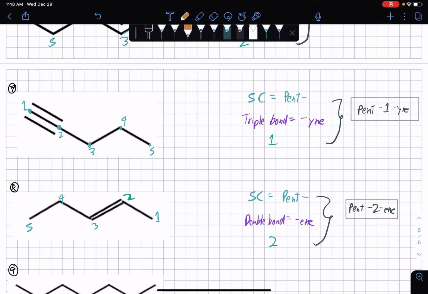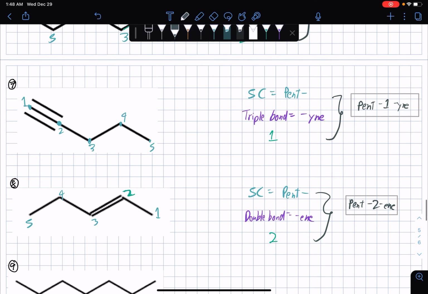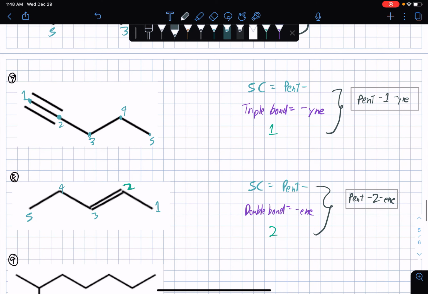So that's where we can see the difference between the two. Apart from that, there's still pentene and pentyne. That's not really much of a fact that you have to take note of. It's just a conclusion according to the observations that we have right now.